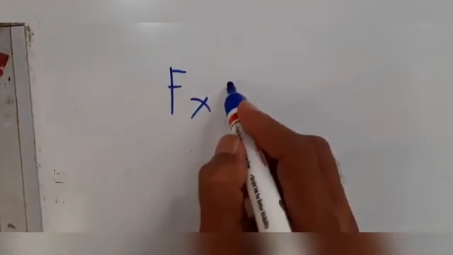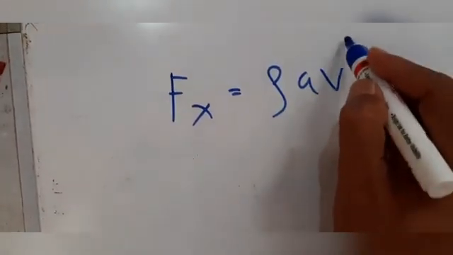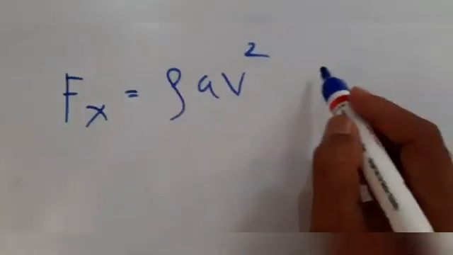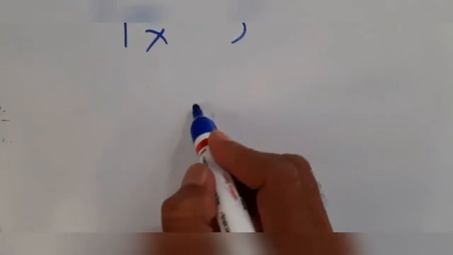Next, for the force in the direction of jet, Fx, Fx equals rho A V square sine square theta.